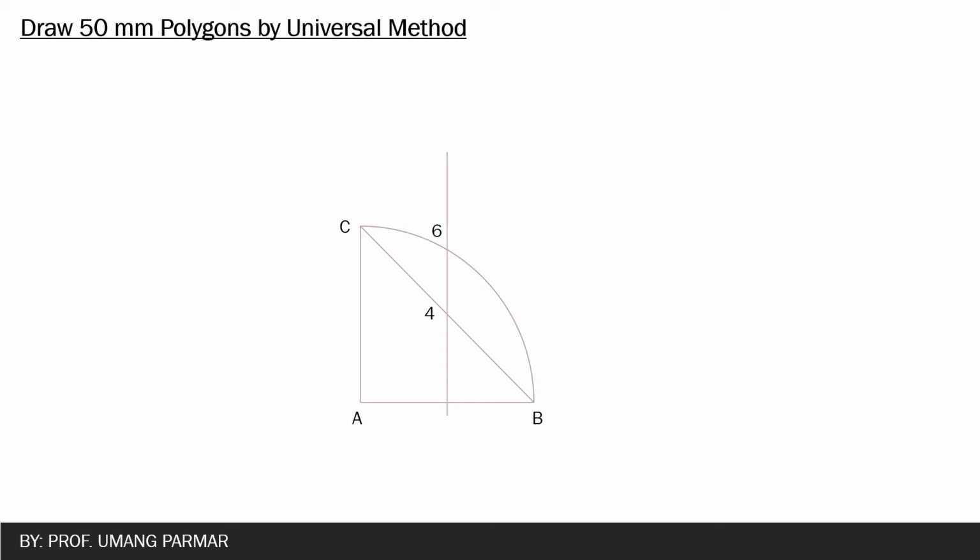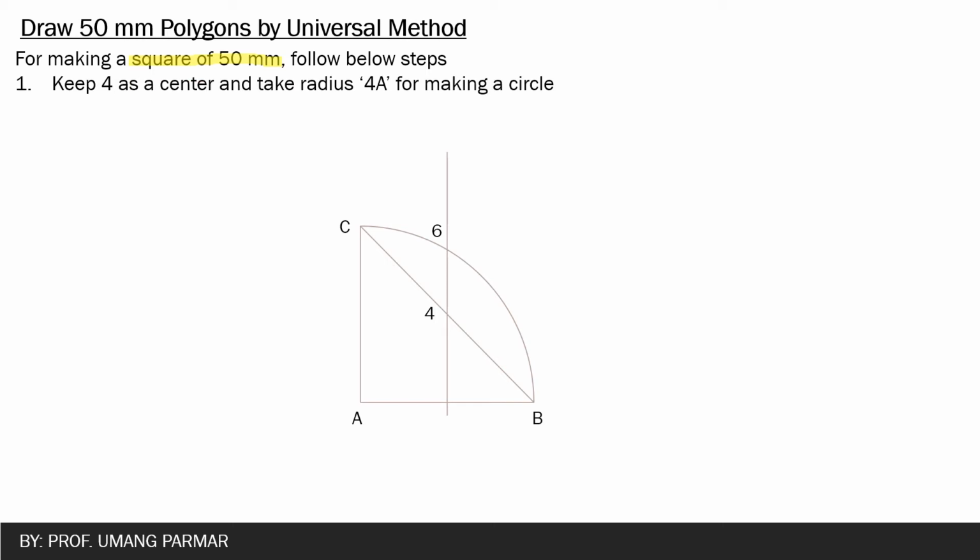Now we are starting with our first polygon, and that is the square. If you want to make a square of 50 mm side using this method, you need to follow the steps below. Our first step says keep 4 as the center and take the radius 4 to A for making a circle.